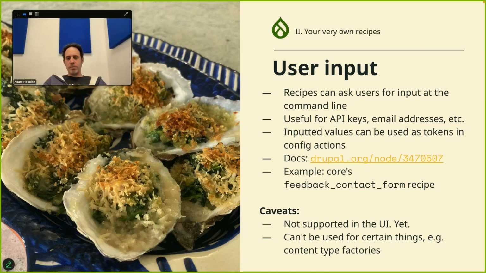You can do things like present a user with a list. I imagine this is going to be expanded in the future to ask, for example, what content type do you want to add translation to. But the contact form is, as far as I know, the only example of it in existence. There's no support in the UI yet, so this is just a command line tool. But emphasis on the yet.